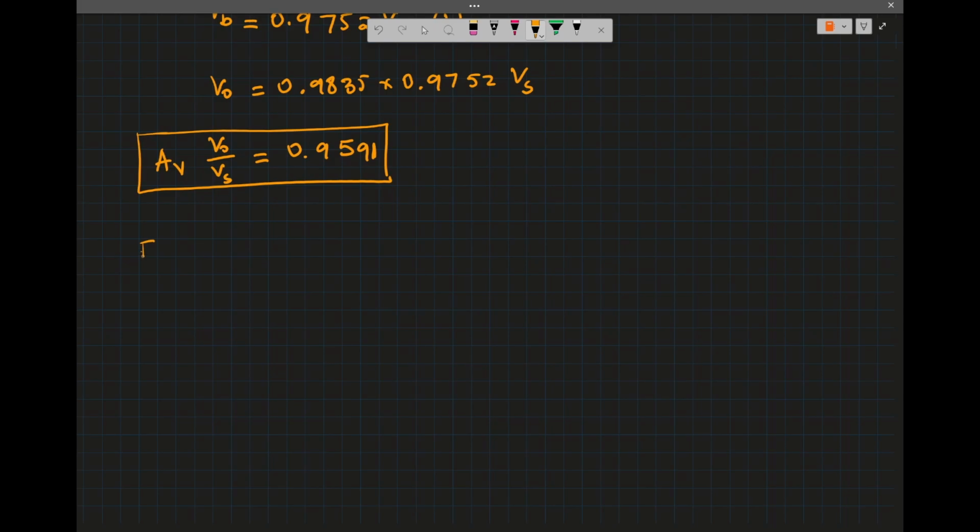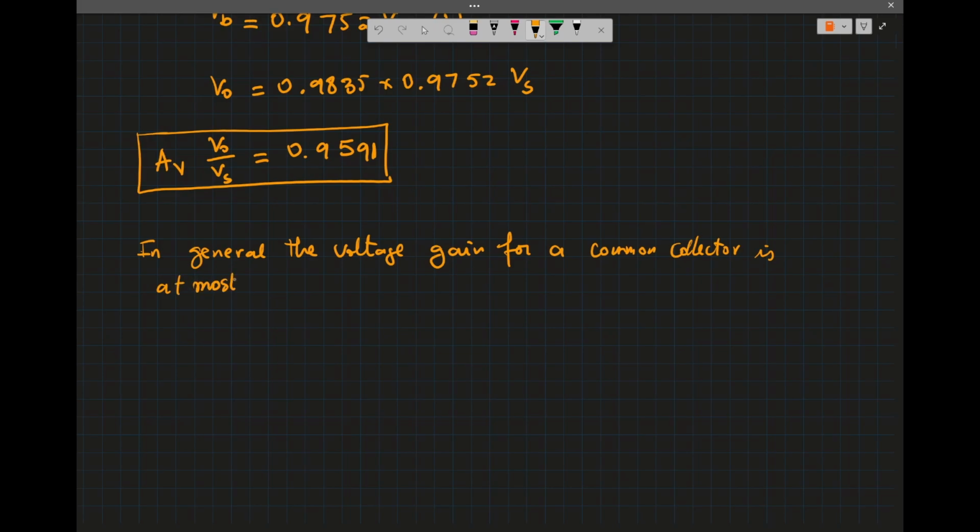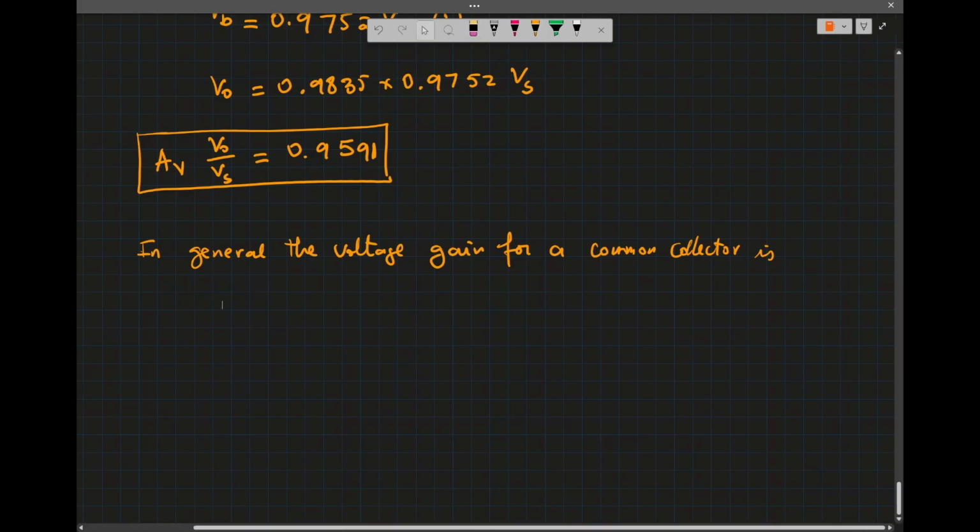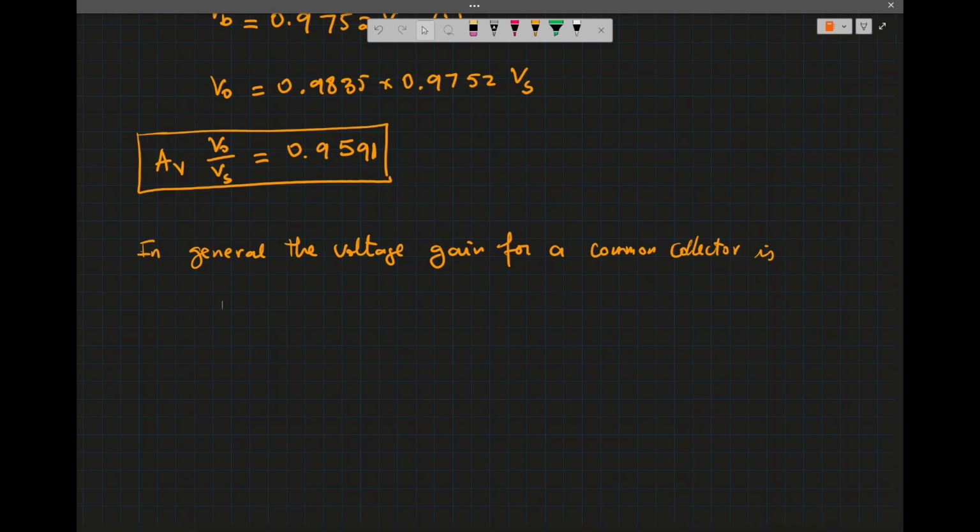So in general, the voltage gain for a common collector is at most equal to 1 and positive. So almost equal to 1 and positive.